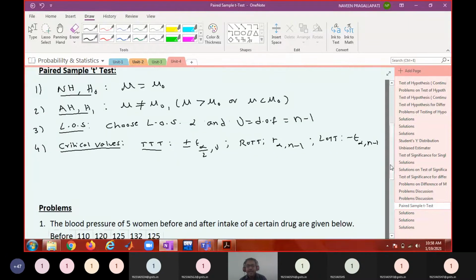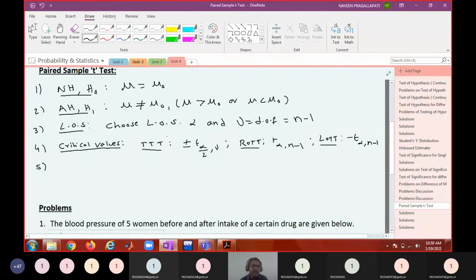But in books, I have seen either a left one tail test or a right one tail test. I haven't seen a two tail test for the paired sample t test. But there is nothing wrong in applying a two tail test also. It's all about how you want to test, what conclusion you want to get from the data.